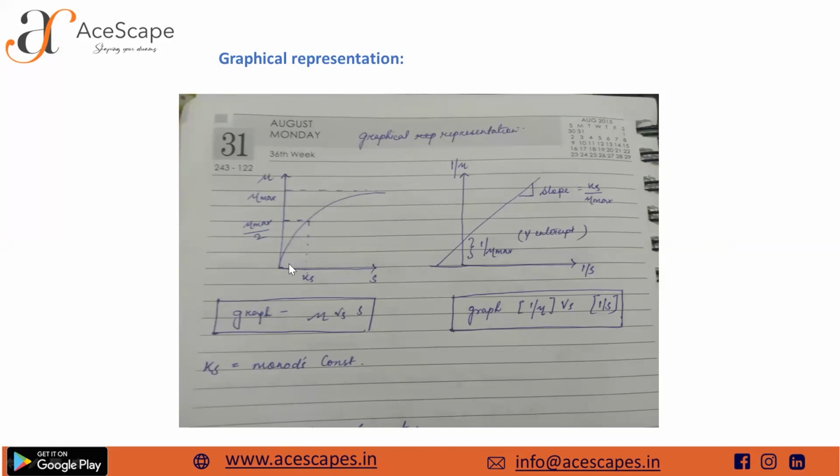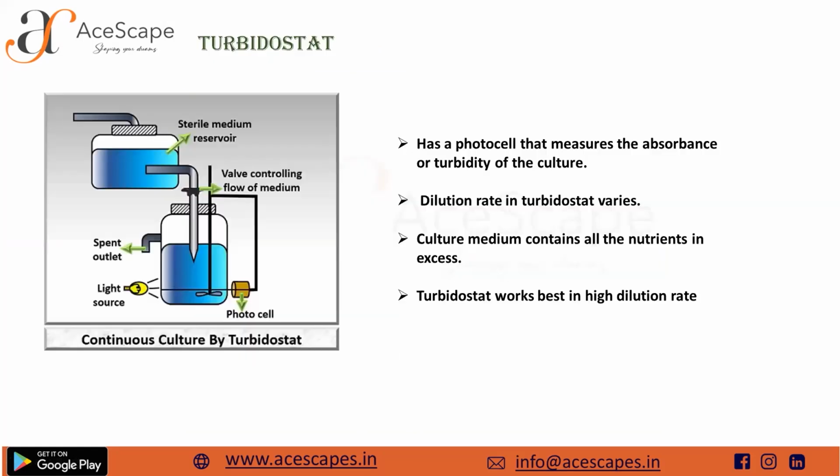This is the graphical representation of Monod's equation, the hyperbolic curve, and this is the straight line equation, where the y-axis is 1 by mu and the x-axis is 1 by S. Okay, these are the graphical representations. I don't think questions come in GATE from Monod's equation in microbiology. I haven't seen many questions, maybe theoretical, but never numericals. Okay, so next we have the turbidostat.